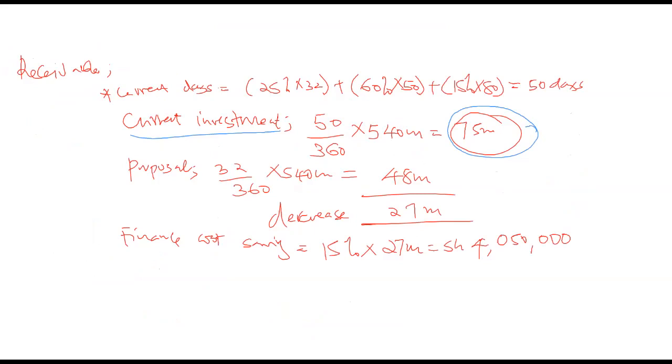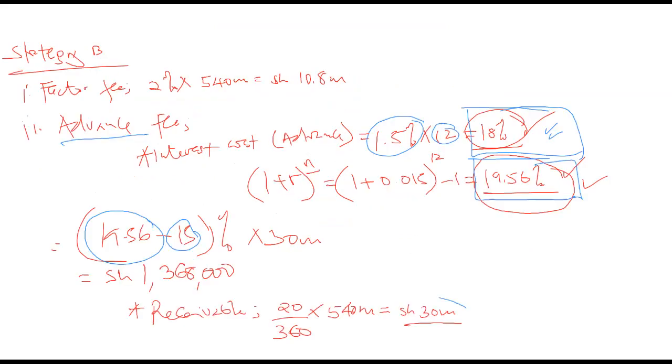After, it'll be how much? It's 30 million. So you see the company investment in the receivable is changing from 25 to 30, so we borrow less money to finance the working capital. Therefore, you can say finance cost saving will be equal to the finance charged, the advance. You are being charged 19.4% times 27 million. No, actually, just a minute, yeah, it was 27 million.